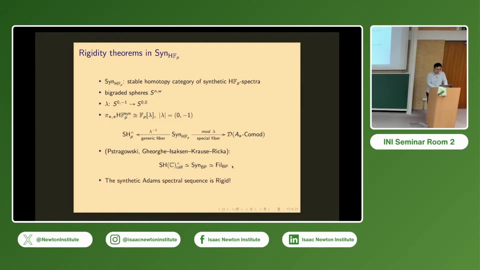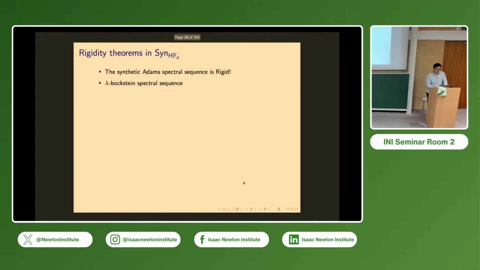So the motivic one, the Novikov one, is rigid, and synthetically the Adams spectral sequence is rigid. So later on, I'm going to refer to the motivic one as the C-motivic one, and the synthetic one means the HFp synthetic one. So the synthetic Adams spectral sequence is rigid. Okay, so what do I mean? So again, it's a Bockstein spectral sequence parameterized by this parameter lambda.